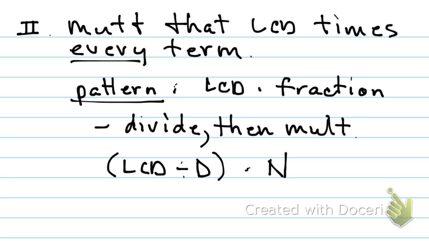A lot of times everything divides away, and if there's nothing to multiply with, then you don't multiply. You just keep the numerator the way it is. But most of the time there's something to multiply by. So it's LCD divided by the denominator, and what's left times the numerator. Okay? And once you do that, the fractions will be gone, because anything divided by itself will go away.